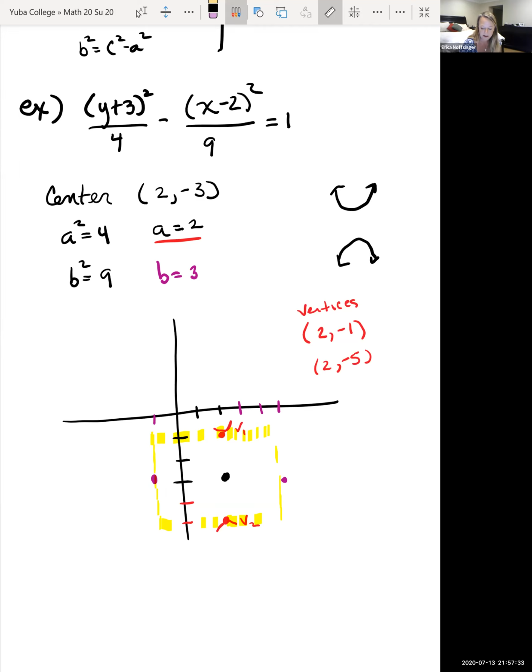And with that box, this is forming our lines, our asymptotes. Sorry, it's not very good.